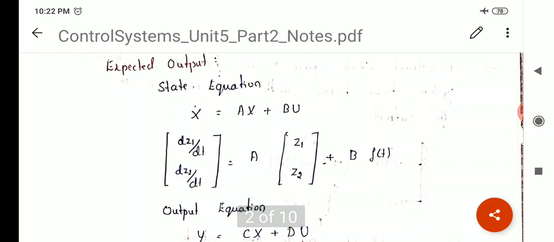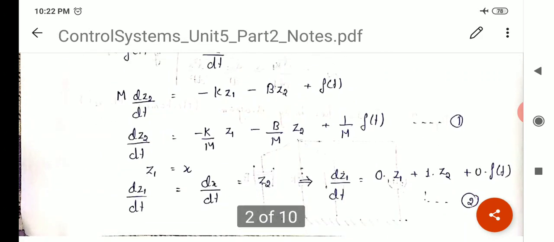If you come back to this, observe the state equation: x dot equal to, that means x dot is dz1 by dt and dz2 by dt. Now we should try to get the expressions for dz1 by dt equal to something and dz2 by dt equal to something.